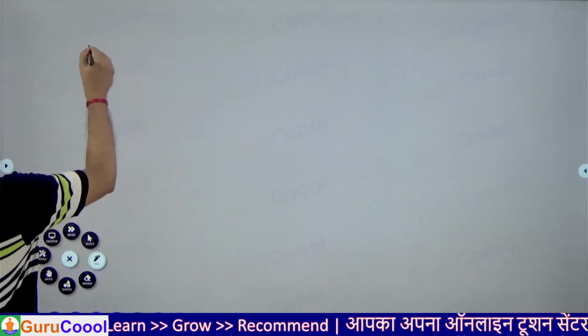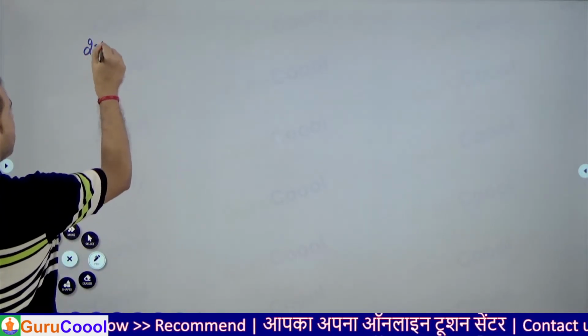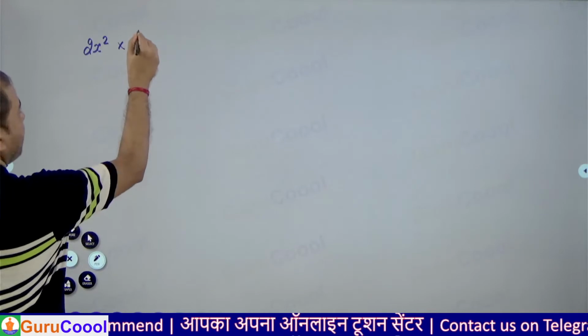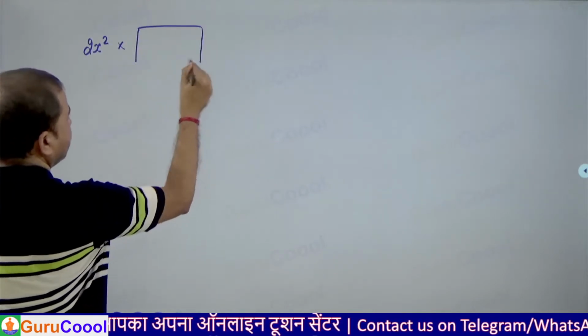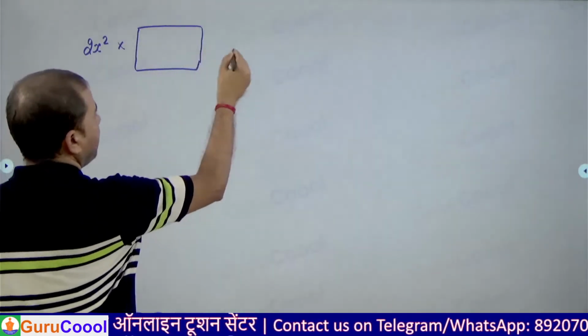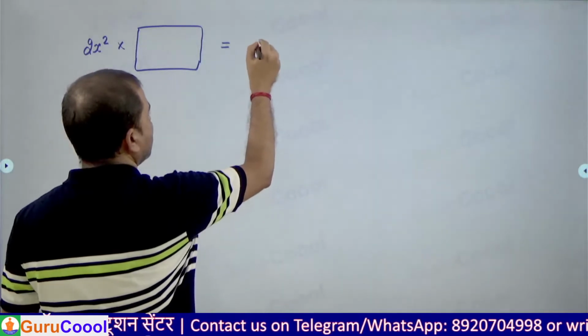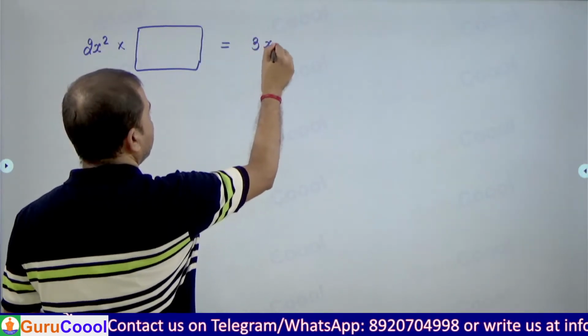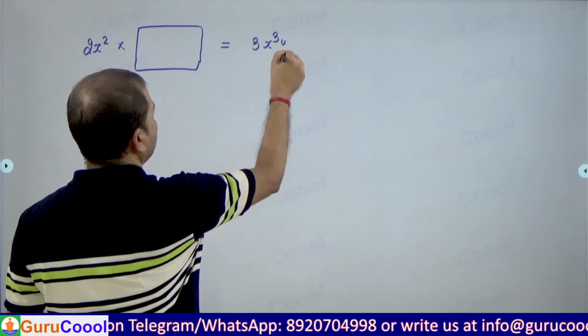Think of this. 2x square should be multiplied with what to give 3x cube y square?